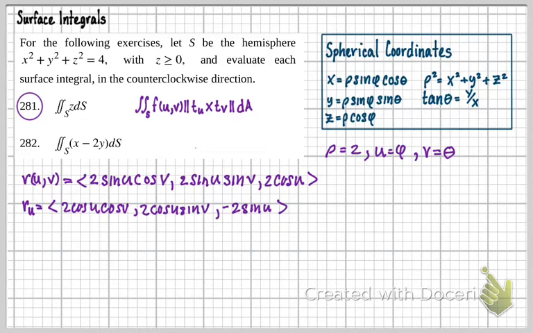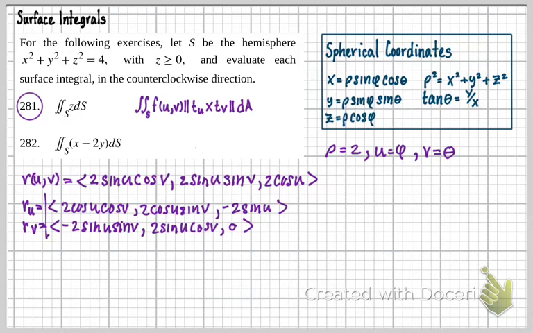Now we need r_v. The first component is negative 2 sine u sine v. For the second, with respect to v, that's 2 sine u cos v. And for the last one, with respect to v, that's a 0. So there we go, that's our r_u and r_v.